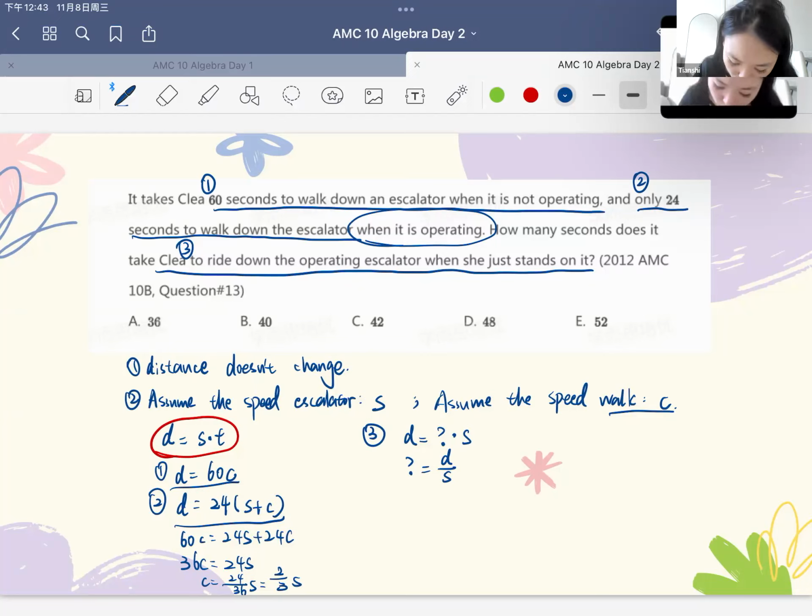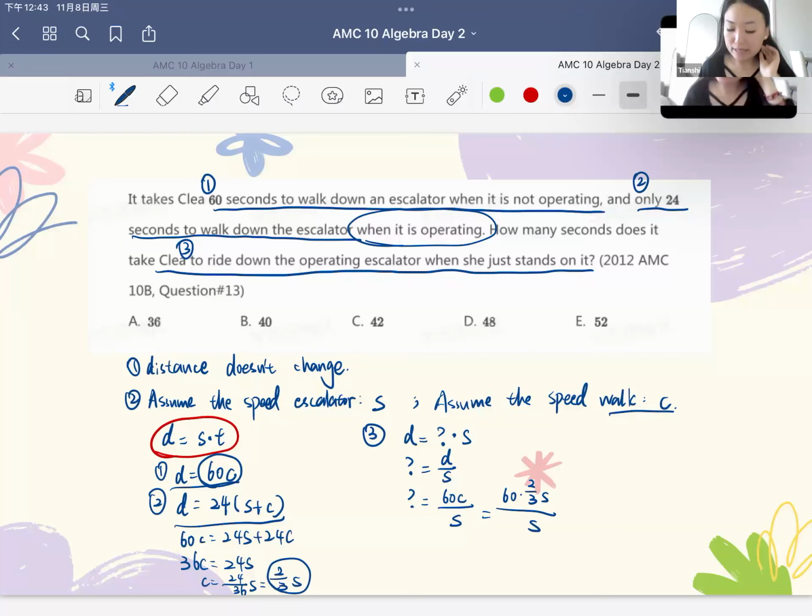Here we know that the distance equals 60c, right? So the time is 60c divided by s. We also know the relationship between c and s: c equals 2s divided by 3. So it equals 60 times 2 over 3 s, divided by s.